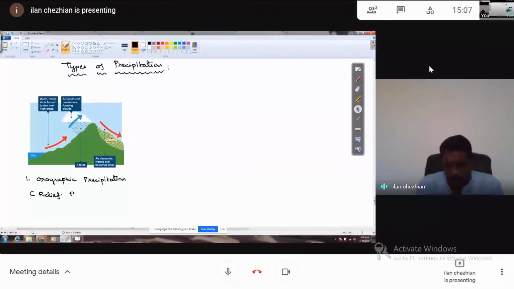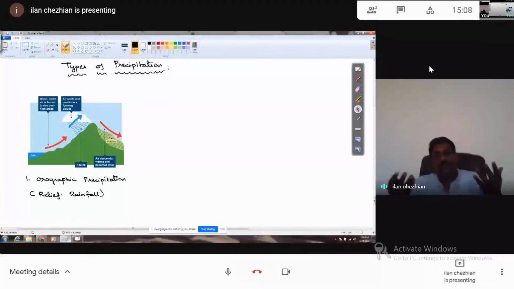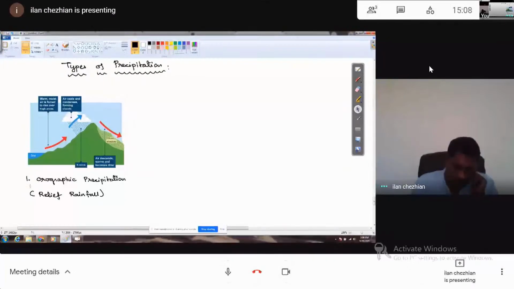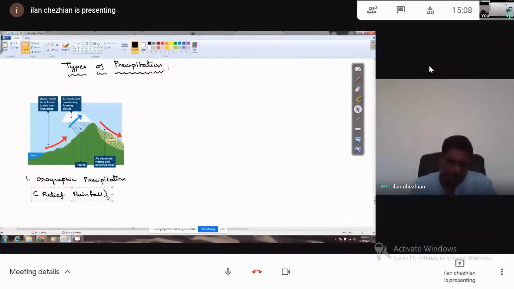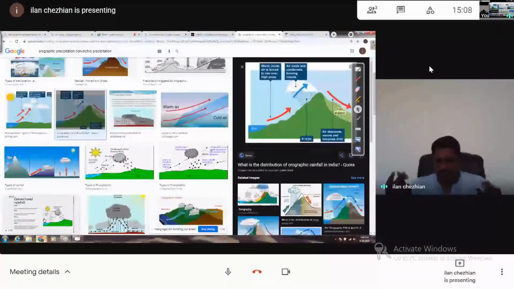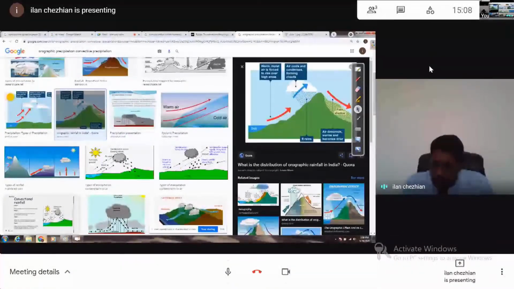Very popularly, you call them as relief rainfall. Right? Why is it called relief rainfall, if you ask me? That's a relief. It's a landform feature. Doing the same, the air mass is rising, it is going for condensation. That's it. What is orographic precipitation, my friend? Any precipitation which happens along the mountainous slope.